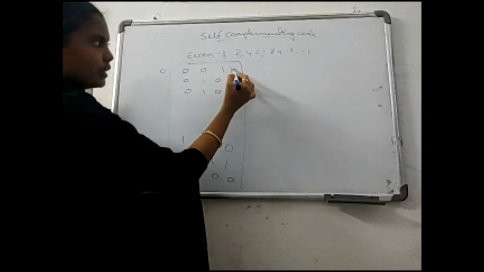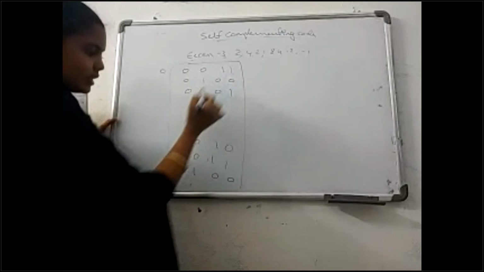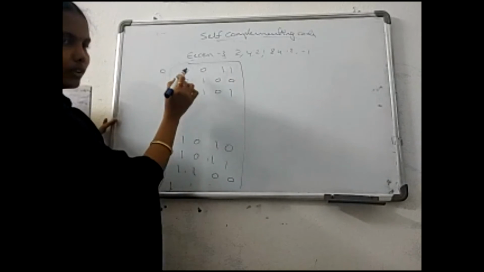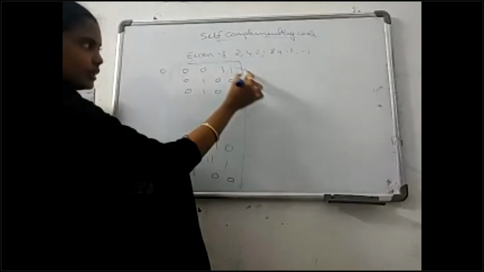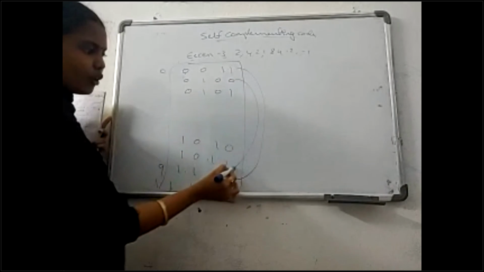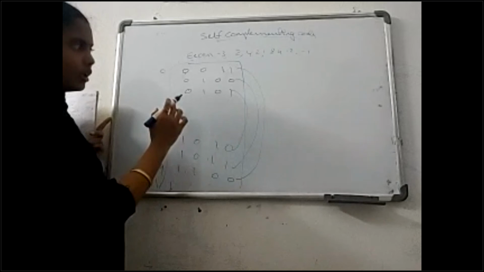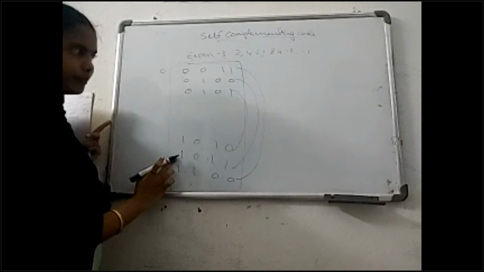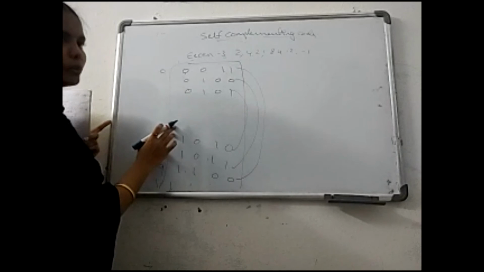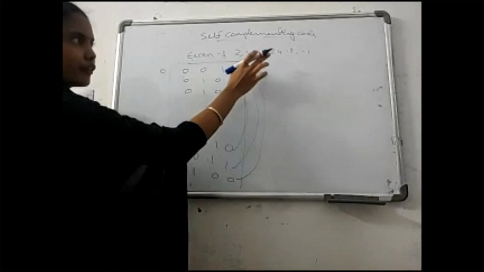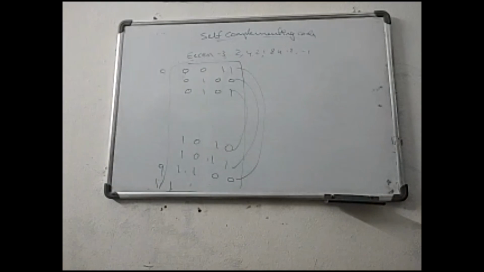So 0 is changed to 1 and 1 is changed to 0. This is the complement of this one. So excess 3 code is a self-complementing code, and also 2421 and 8 4 minus 2 minus 1 are self-complementing codes.